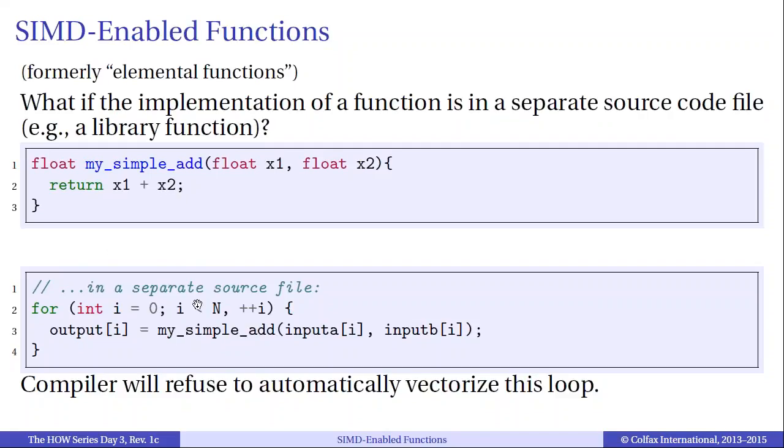Suppose I want to use this function in a loop, where I call this function on elements of two arrays. So I'm back to doing my favorite a plus b, but I'm calling this as a function. Of course, I wouldn't normally implement a function for something as simple as this, but you will be able to see later that SIMD-enabled functions can be complex. So pretend that there is something heavy going on in this function.